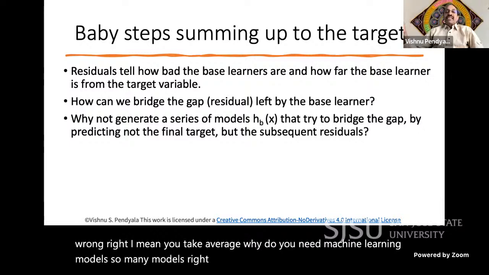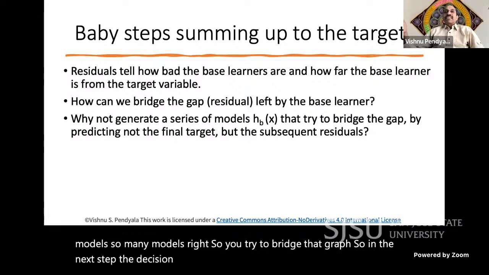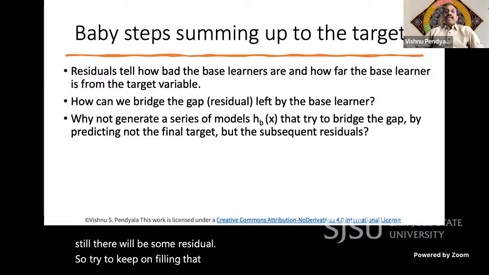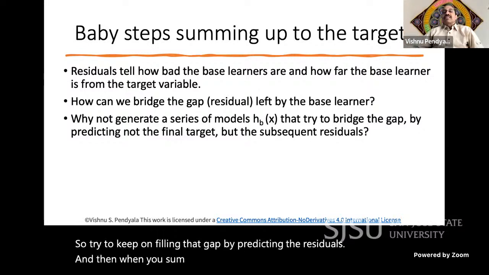So you try to bridge the gap. In the next step, the decision tree will predict slightly better than the average, but still there will be some residual. So keep on filling that gap by predicting the residuals. And then when you sum up all these residuals, you will eventually get the target variable. That is the idea.